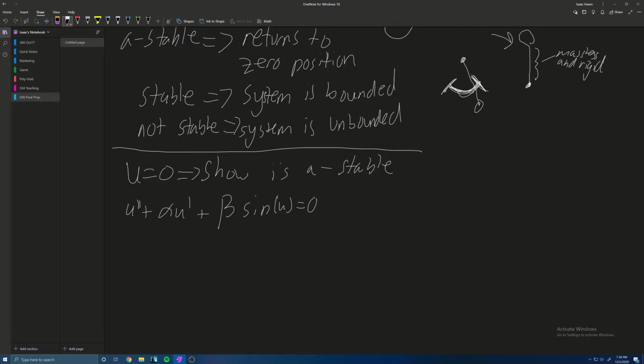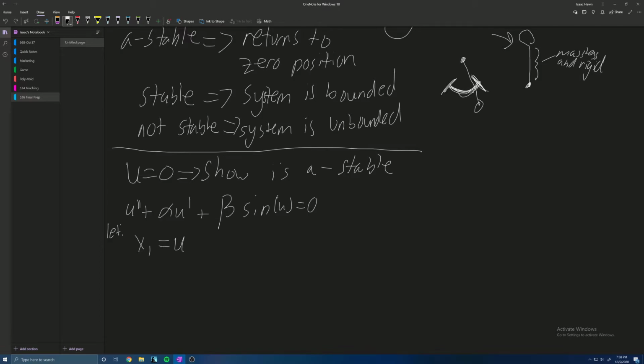This is second order, but in order to apply the theorems we're going to be using, we need to convert it into a system of first order. The way we do that is we let x1 equal u.